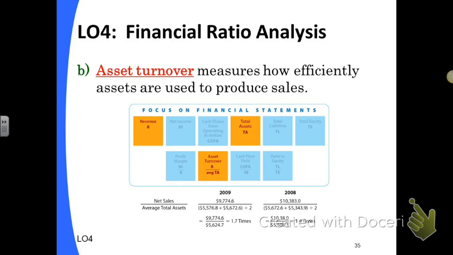So while our total average assets increased slightly and our sales went down, that means that we are maybe slightly less able to produce sales for the same level of assets. So our asset turnover got just a little bit weaker this particular year.